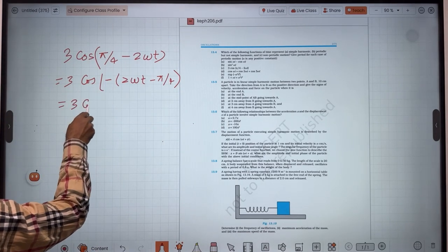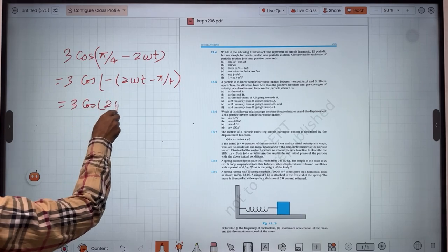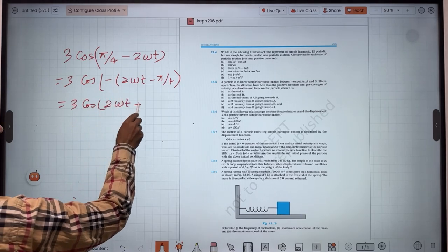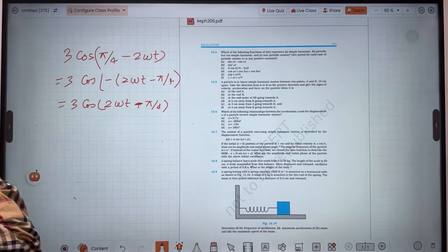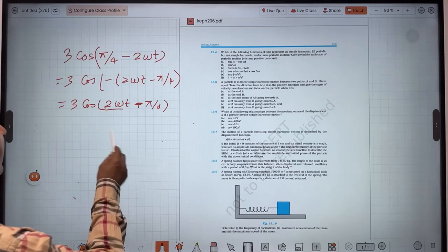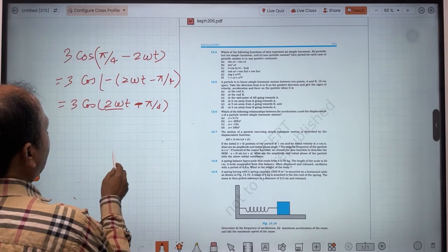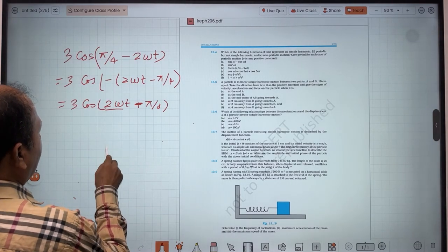So 3 cos of 2 omega t plus or minus pi by 4. So this is periodic. This will also represent simple harmonic motion, and the time period will be just half of the period.